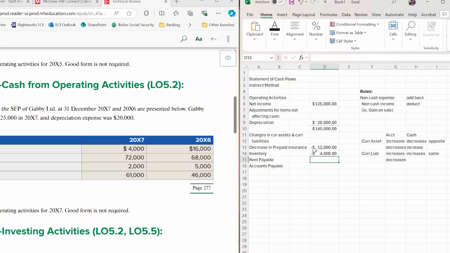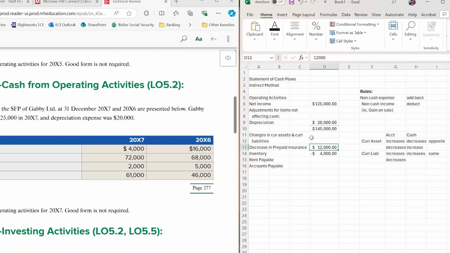Oh, wait, did I do that the right way? Let's see here. No, sorry. What happened with the prepaid? The prepaid went down, so I had to add it. I don't know why I was subtracting it there. Sorry about that. Let's fix that up. So it's a decrease. We have to do the opposite.